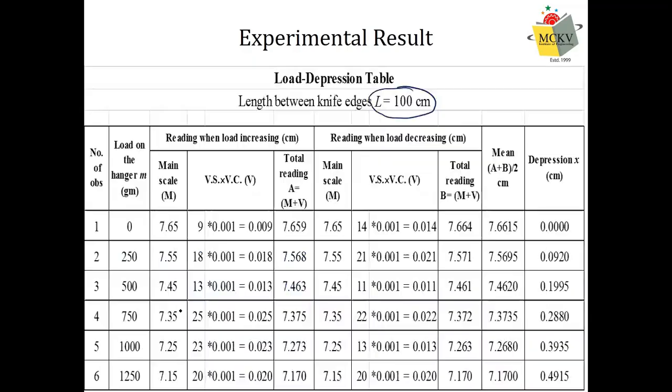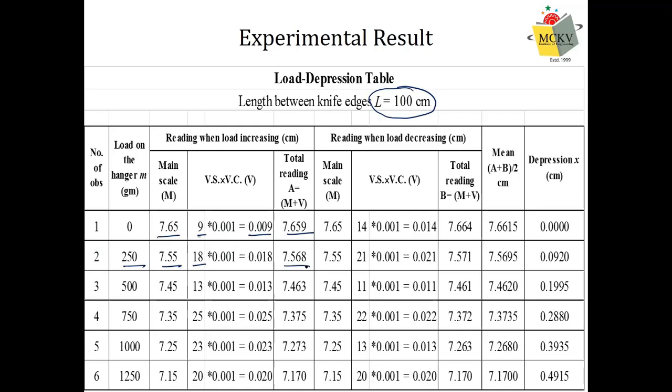If I observe this table, suppose the main scale value you get is 7.65 and the vernier is 9. So the vernier value will be 9 times the vernier constant 0.001, which is 0.009. So the total will be this. Similarly, for 250 grams, the main scale value is say 7.55 and 18 is the vernier reading. That means the 18th division of the vernier is coinciding with a main scale line, and you get the total as this.